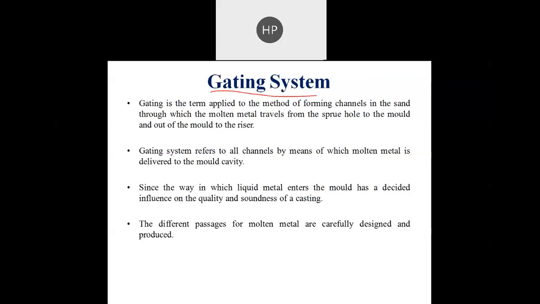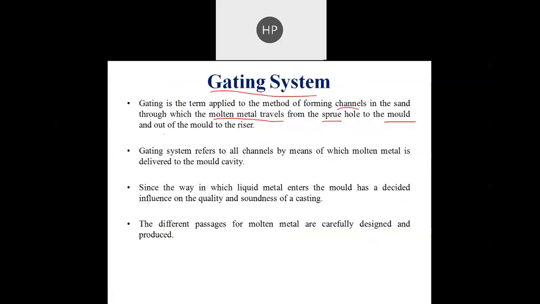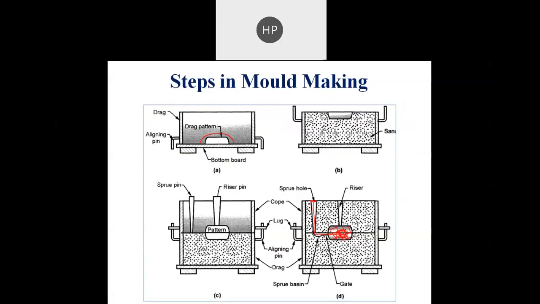Gating is the term applied to the method of forming channels in the sand through which the molten metal travels from the sprue hole to the mold. This is the sprue hole, this is the mold, and out of the mold to the riser, and at the same time it is also fed inside the riser so that we have a surety of completely filling the hollow cavity.